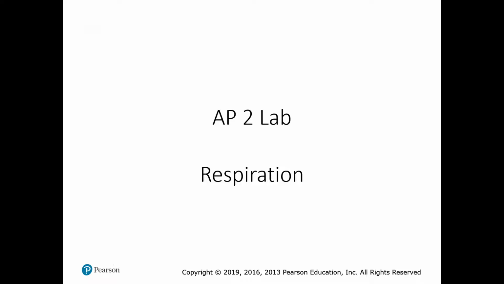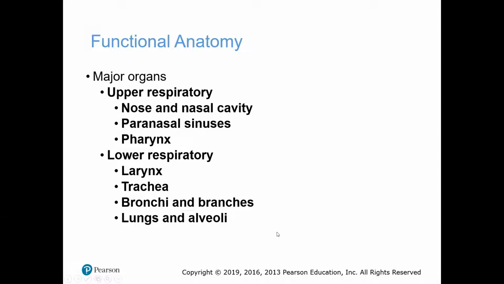So okay, AP2 Lab Respiration. The anatomy of the respiratory system. We have two sections to the respiratory system: the upper respiratory tract and the lower respiratory system. The upper respiratory consists of the nose and the nasal cavity, the sinuses, and the pharynx. The pharynx is the tube that connects the nasal cavity to the oral cavity to our larynx, our voice box.